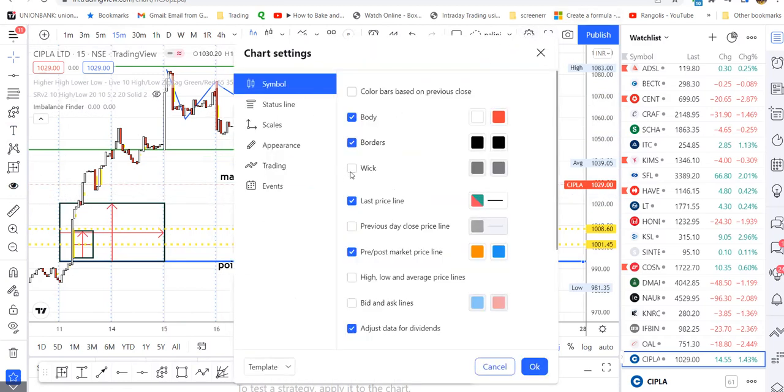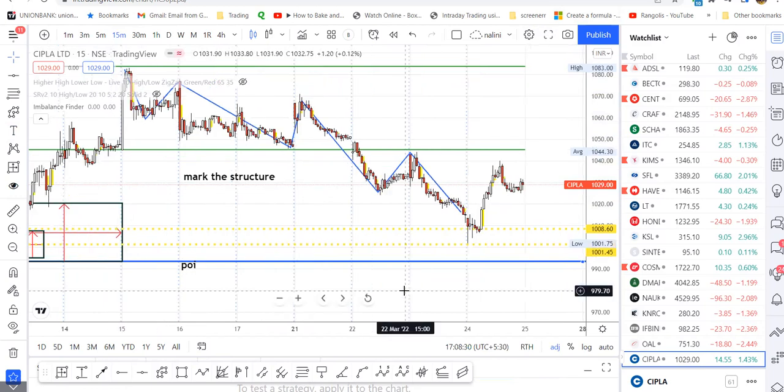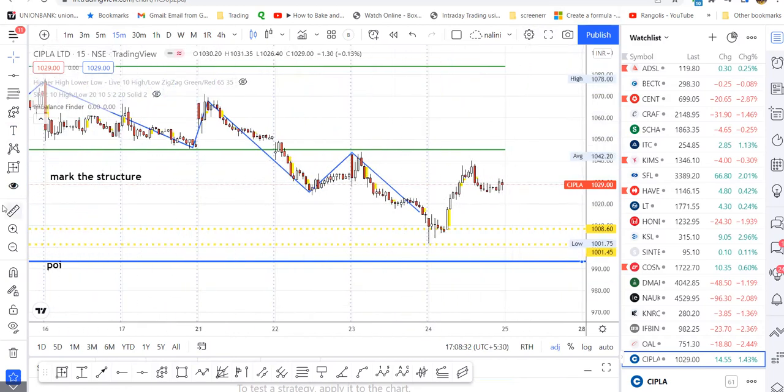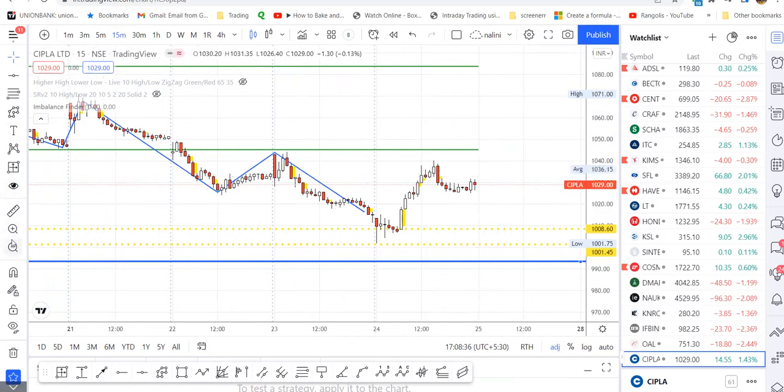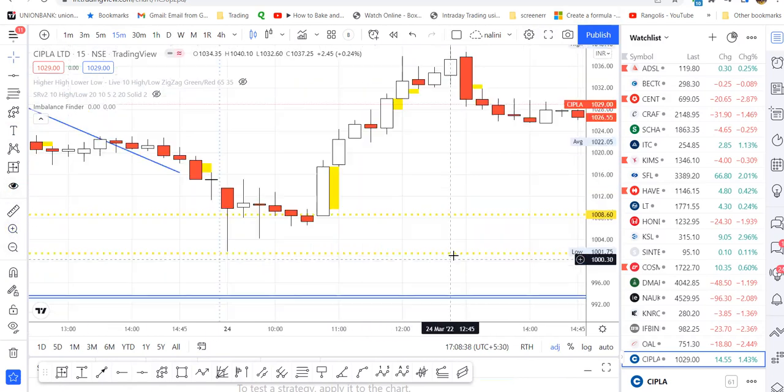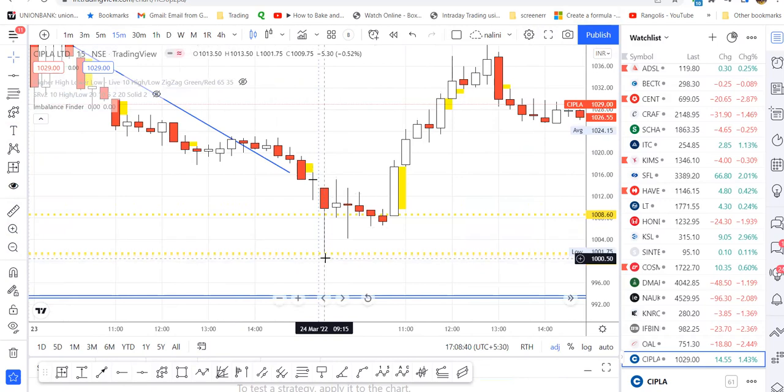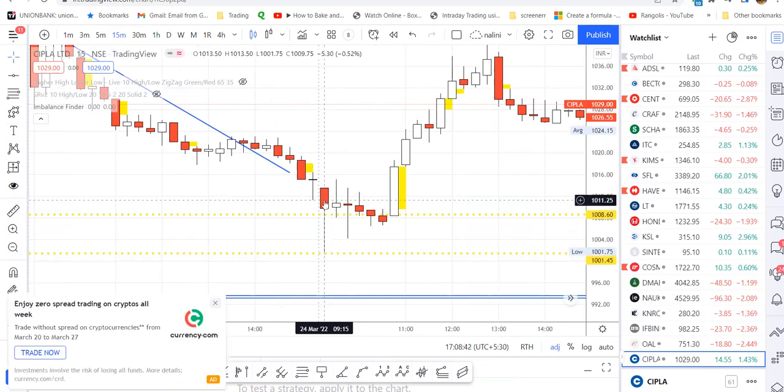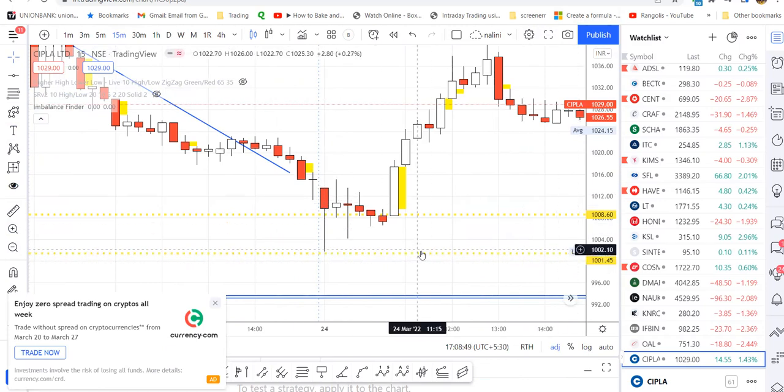I'll enable the wicks now. Today morning, you can see the price came to this level, exactly the level of 1001.75, where the marked area was 1001.35.